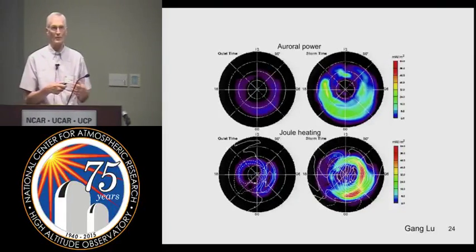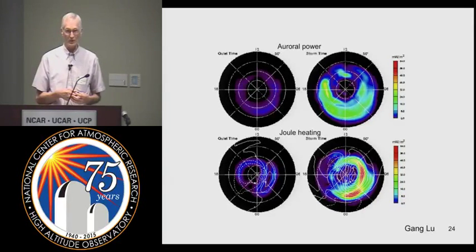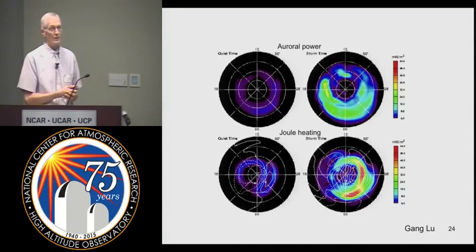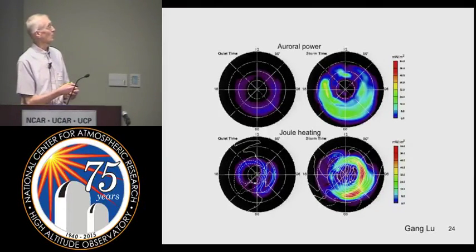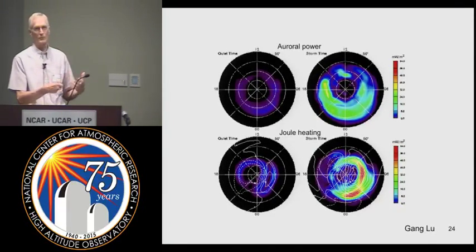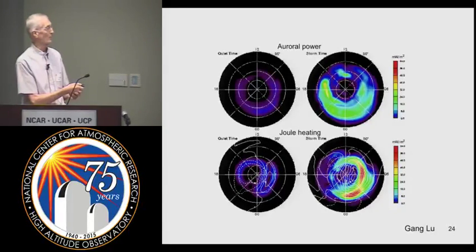One is based primarily on, again, observations, so observations of these ground magnetic variations at high latitudes, along with radar measurements, satellite measurements, to look at changes in the aurora over time between a quiet time condition and a storm time condition, and also the energy coming in through electrical heating or Joule heating of the upper atmosphere.